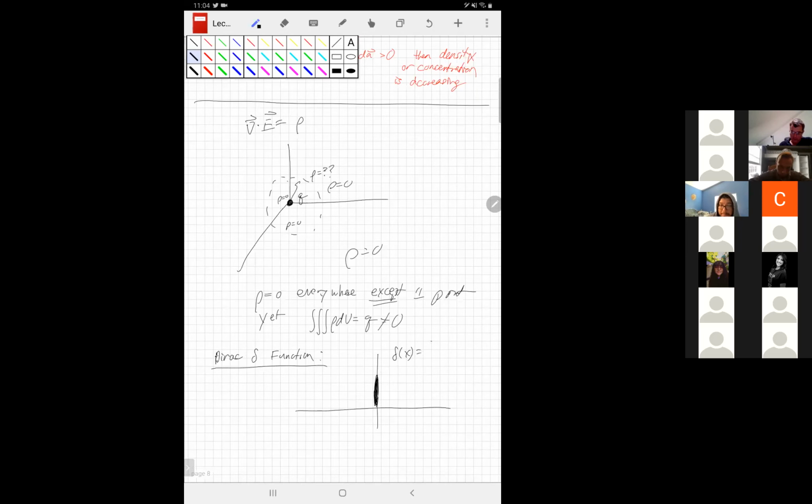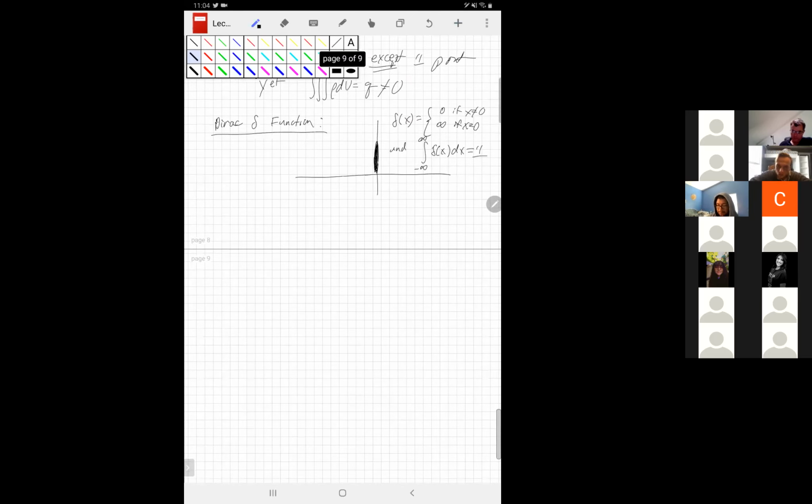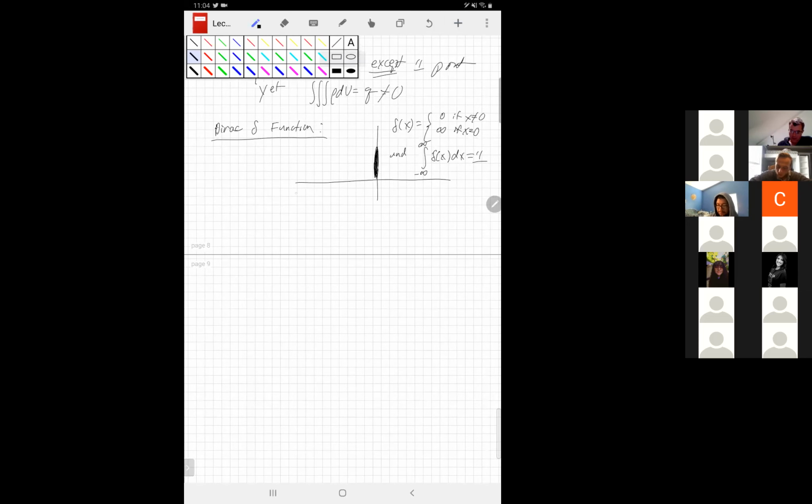Delta of x equals 0 if x is not equal to 0, infinity if x equals 0, and the integral of the delta function is 1. And it's usually written very formally like this.